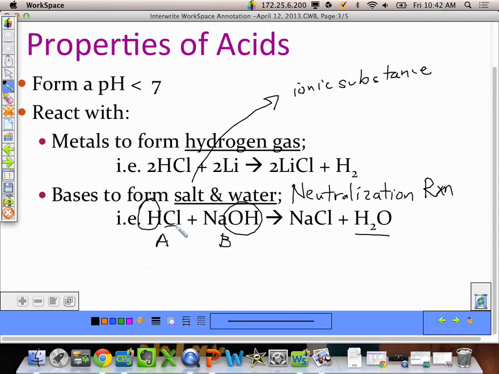Then I look at what's left. I always put the metal first, the non-metal second. I look at the charges. Na was a 1+, Cl a 1-, and that's how I got my NaCl. And that one's already balanced. So we can write a note to ourselves, already balanced.